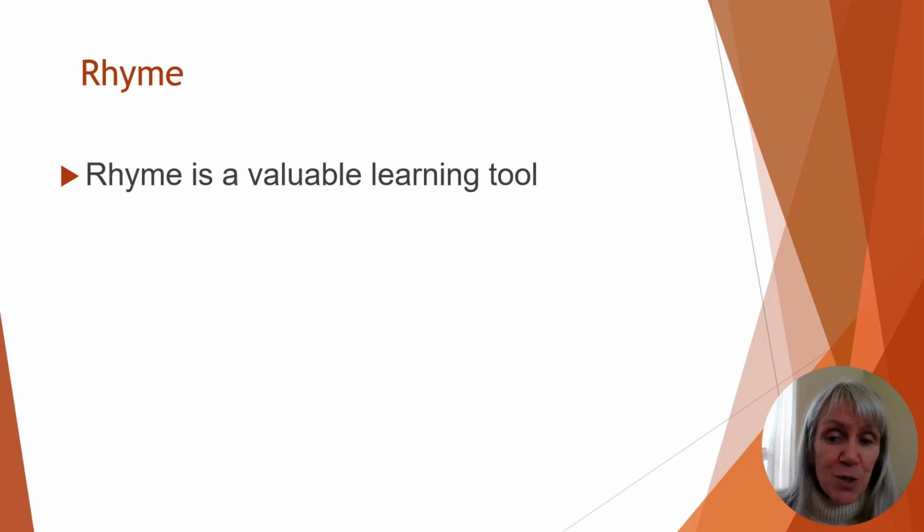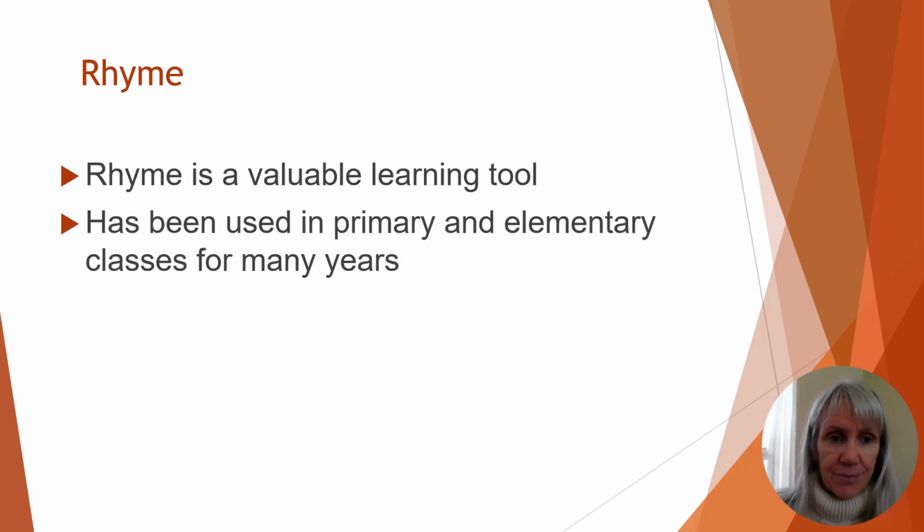It can help us with our learning of English. And it has been used in primary and elementary classes for many years because it does help with our memory and words, so we can later recall how they sound, how they're spelled, and what they mean.